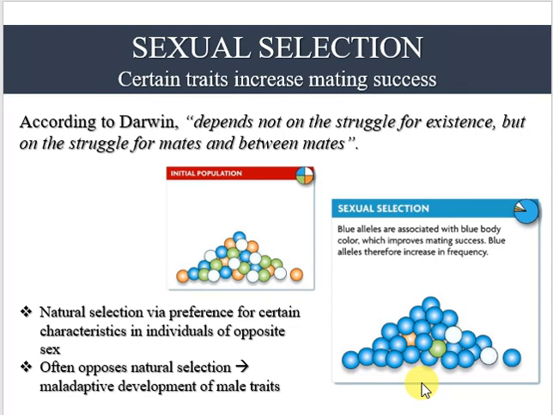And there is. They are two separate entities, and Darwin made that distinction extremely clear, especially with his example. According to him, sexual selection depends not on the struggle for existence, but rather on the struggle for mates and between mates, right? So it's the struggle for reproduction.